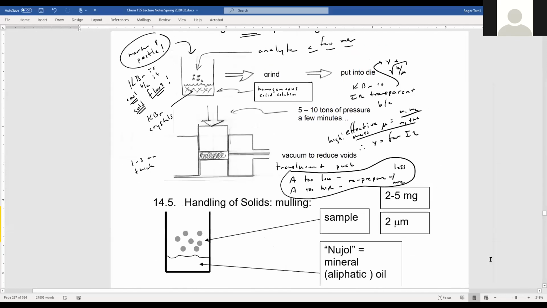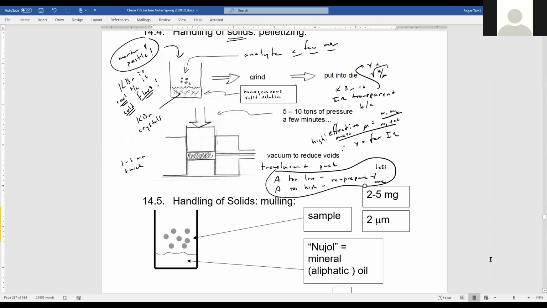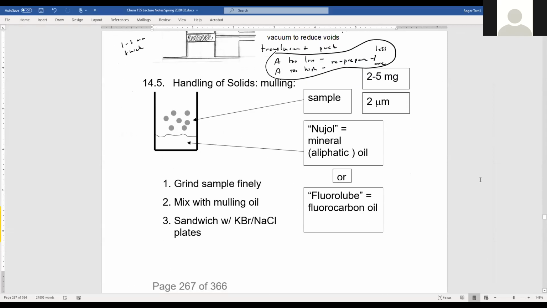All right. So next thing you can do is you can also mull, right? And this is basically just making a solution, right?